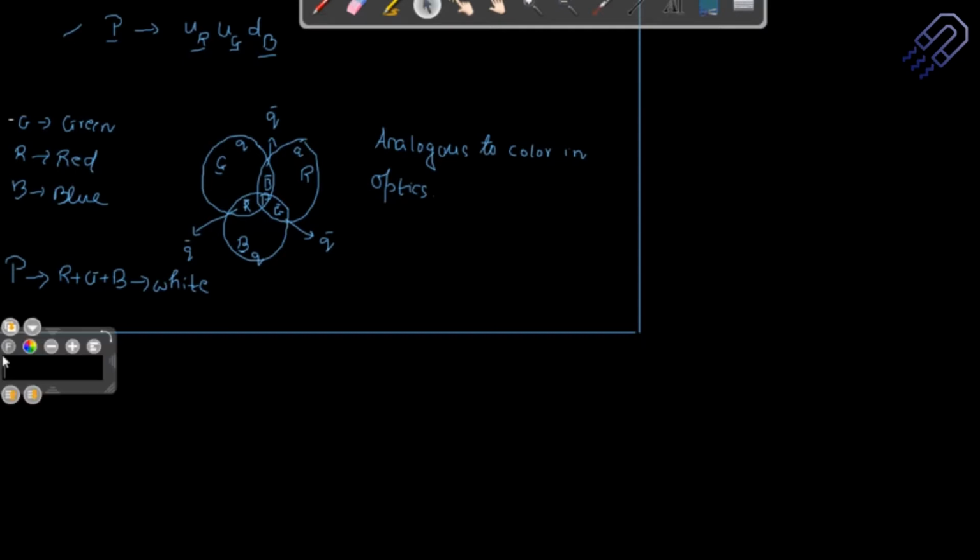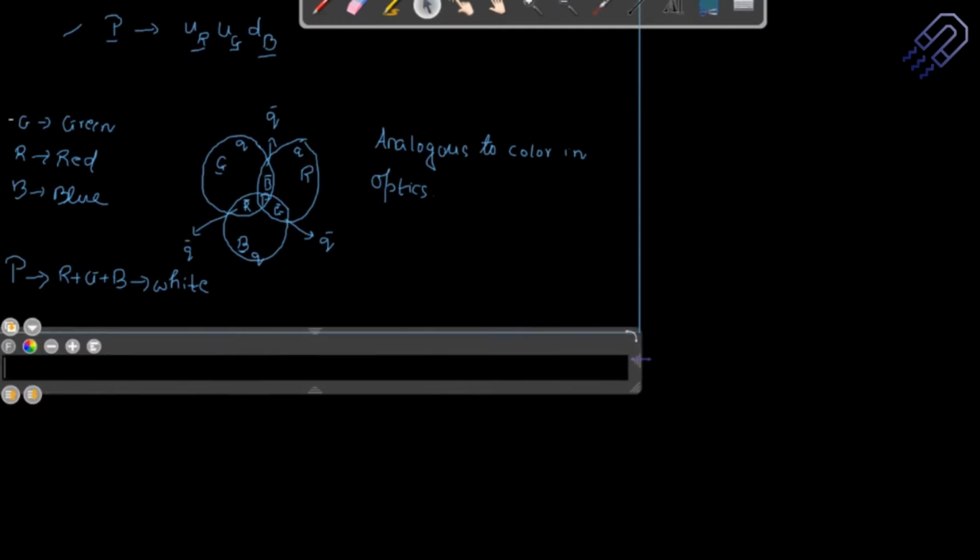So if you try to combine any two of these colors, you are going to get a third color, which will be considered a complementary color. The combination of any two primary colors produces different secondary colors.